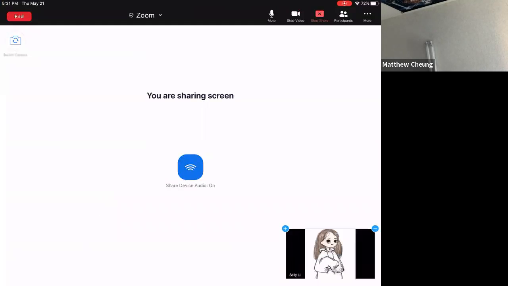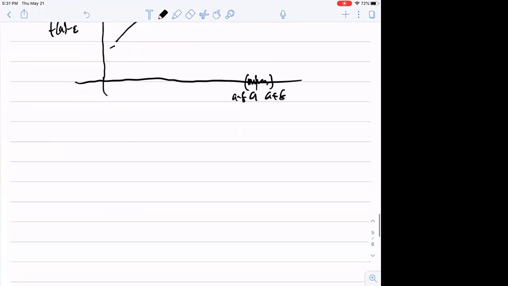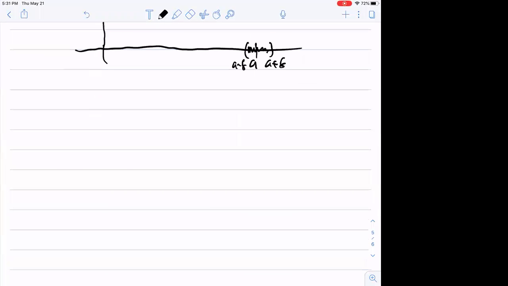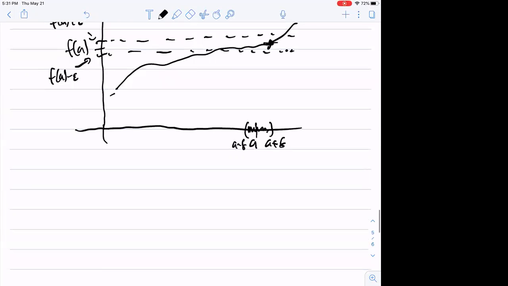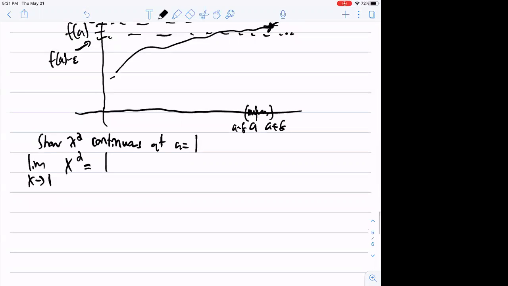Okay. So let's do some examples. Let's show the limit as x goes to 1 of x squared is 1. Basically, show x squared is continuous at a equals 1, right? So let's write out the definition.